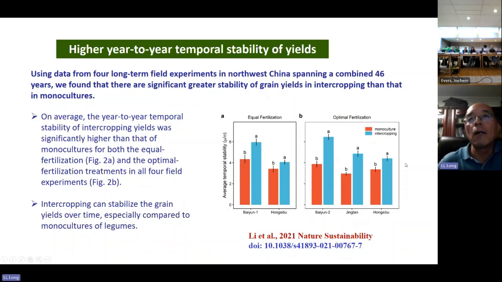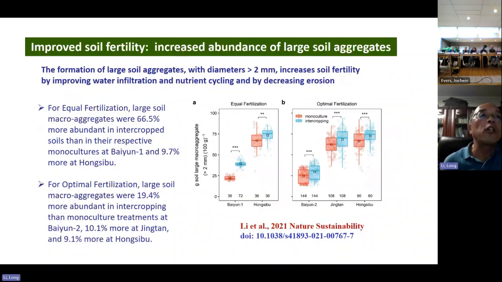So you can see the average temporal stability of productivity in intercropping is higher than monoculture regardless of experiment site and crop combination. So intercropping can stabilize the grain yield over time, especially compared to monoculture of legume.